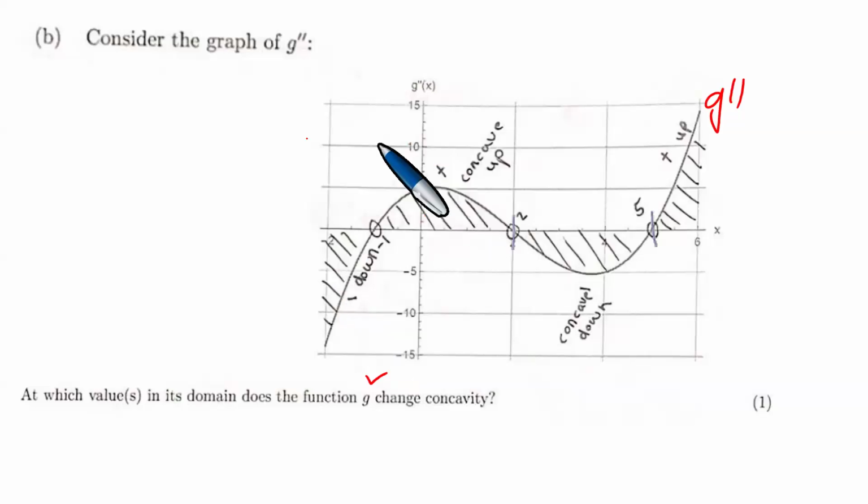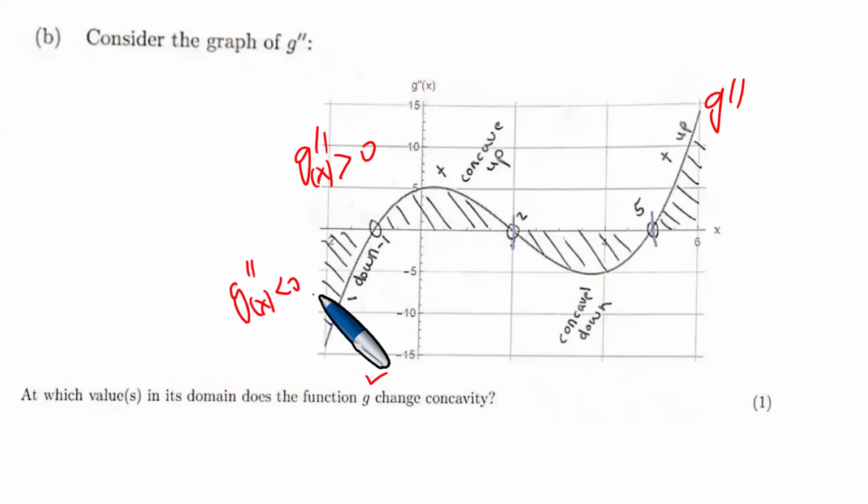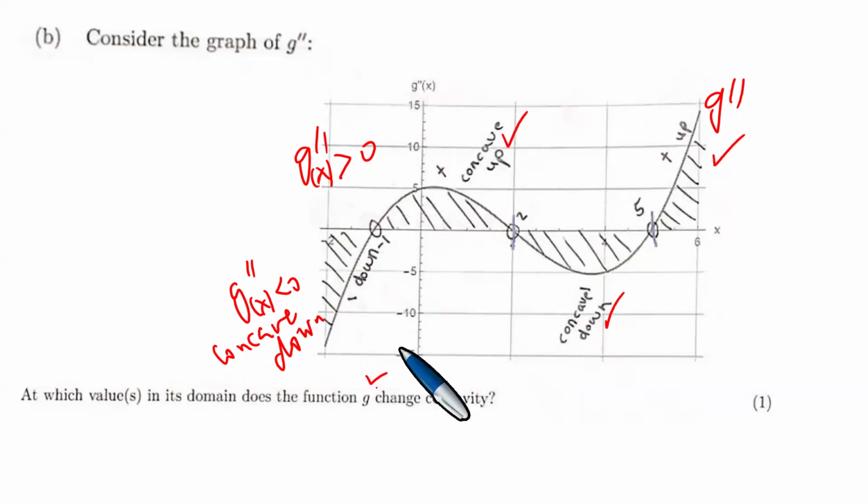Here the second derivative is positive, and here the second derivative is negative, and therefore it is concave down. Here it's concave up. Concave down, concave up.